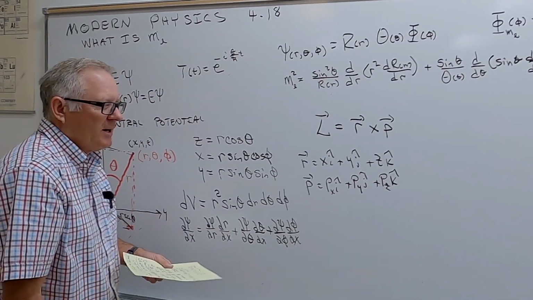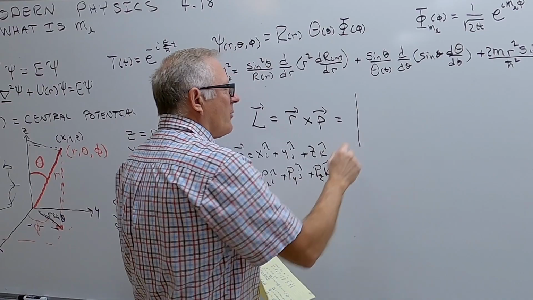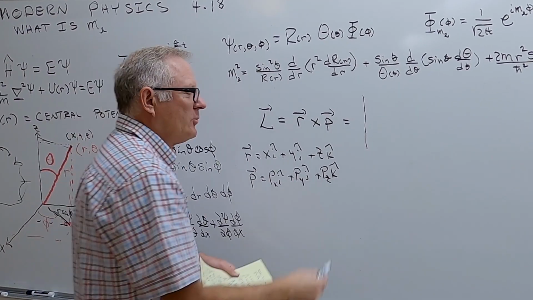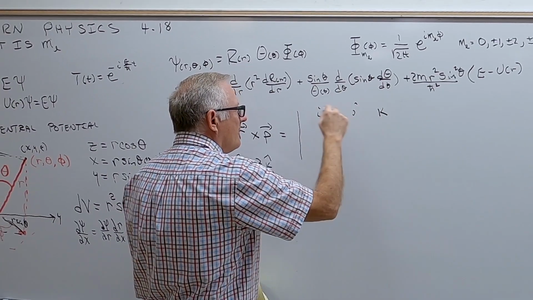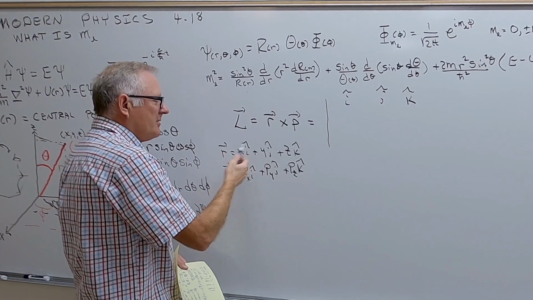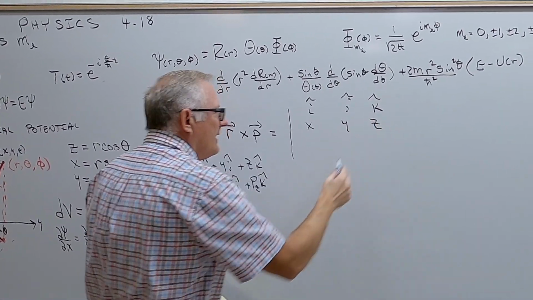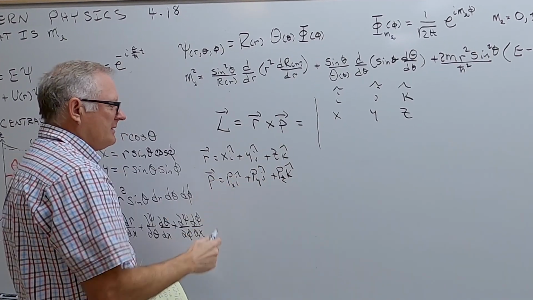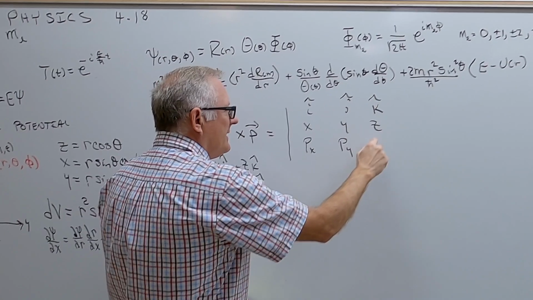So if I really wanted to do the cross product of these two, if you remember how we did the cross product in classical mechanics, we just made a little 3 by 3 and we put i, j, and k. The next row was the three components of my r, which in this case would just be x, y, and z. And the last one would be the components of p, which would just be px, py, and pz.